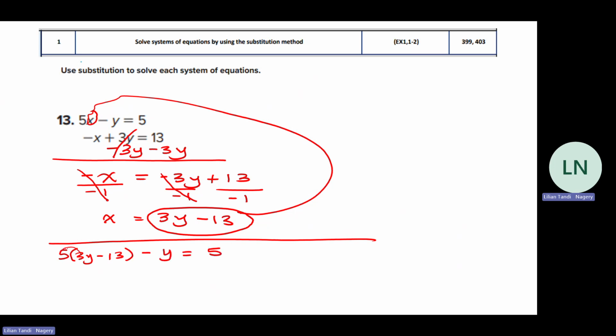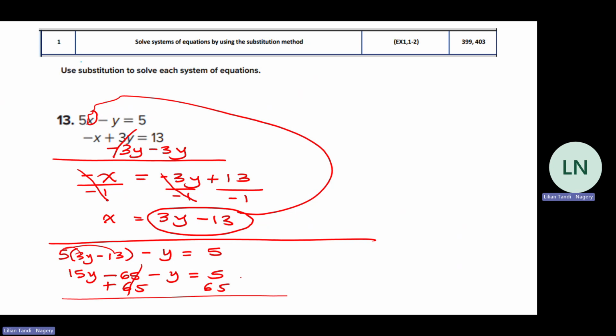Then I will do the distributive property. So I have 15y minus 65 minus y equals 5. -13 times 5 should be 65.